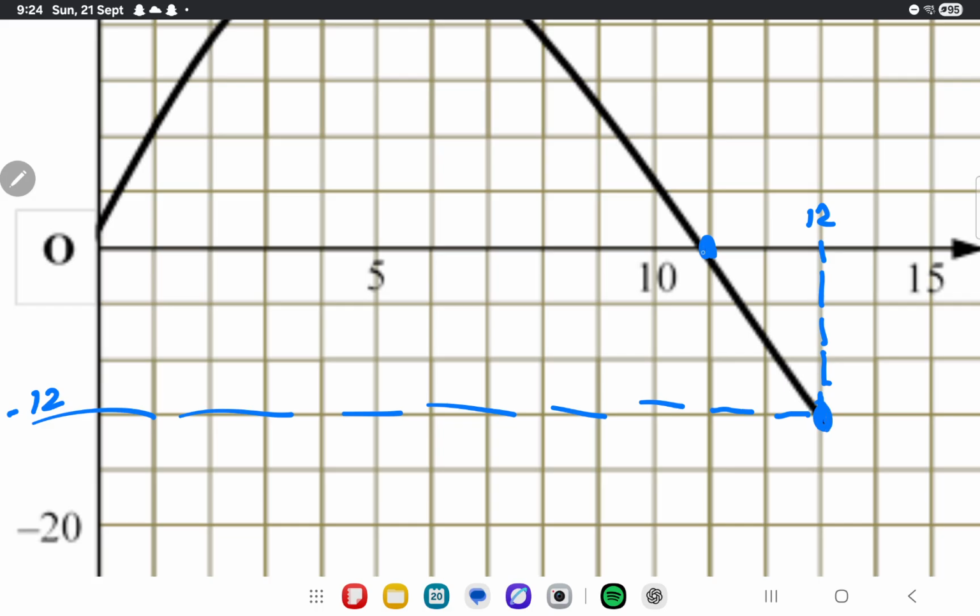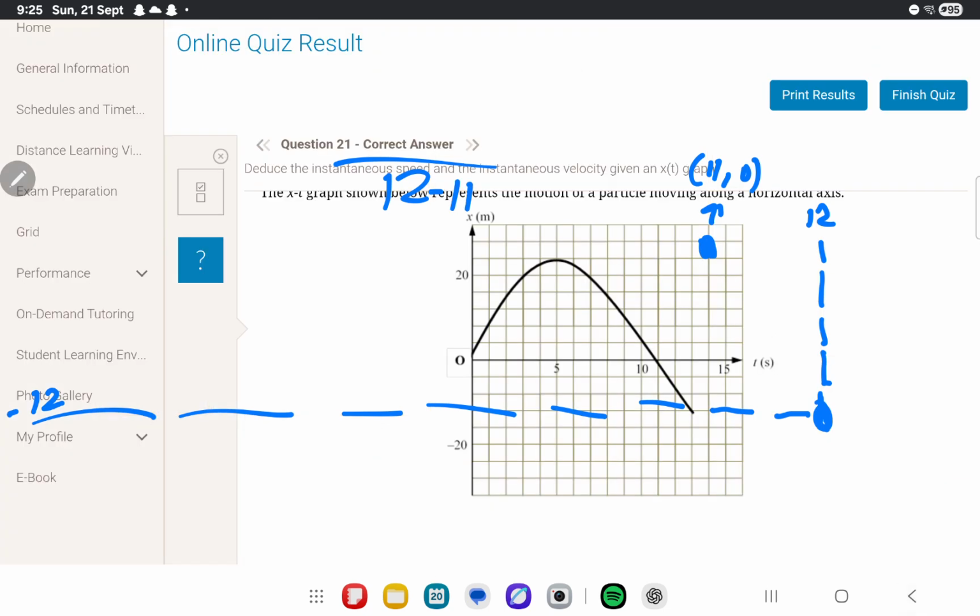Doing this, taking it to be 11, 0, it's going to be 12 minus 11 on the time, so 12 minus 11 over negative 12 minus 0.